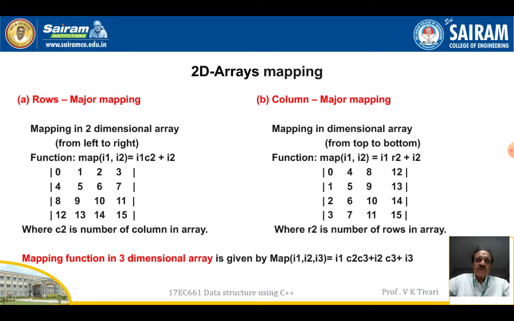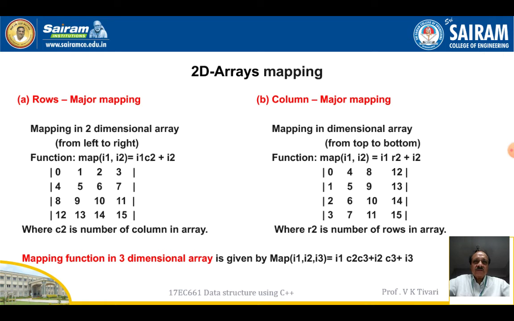If we go from top to bottom, that is column major mapping, the function we use is map(i1, i2) = i2 * r1 + i1, where r1 is the number of rows in the array.